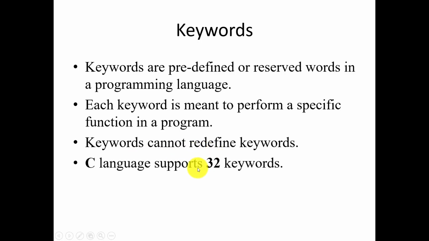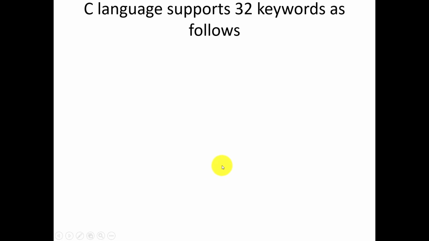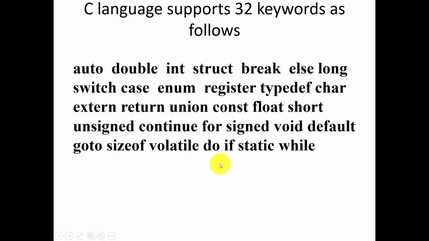Now in C programming, there are a total of 32 keywords. Let's see the 32 keywords supported by C language, for example: auto, switch, case, int, struct, break, else, char, extern, return, union, etc. Also const, float, short, continue, default, goto, sizeof, do, while, if, static.